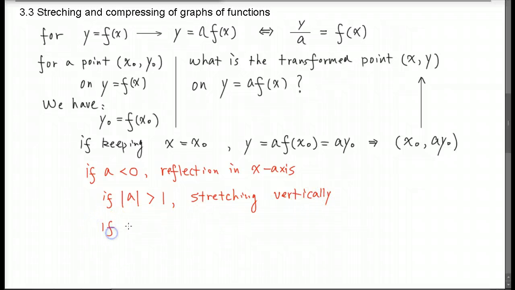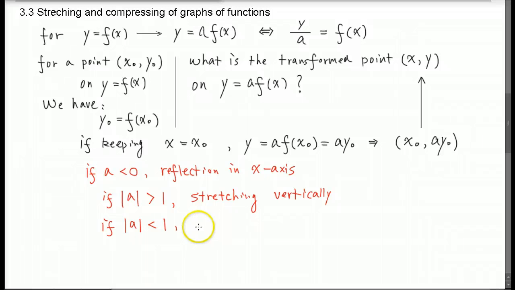And then if a is less than 1, the new y coordinate is multiplied by a number smaller than 1, so the y coordinate is going to be smaller in terms of absolute value. The negative sign is actually gone because we did the reflection.